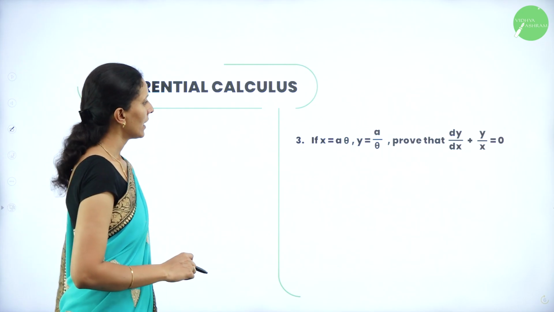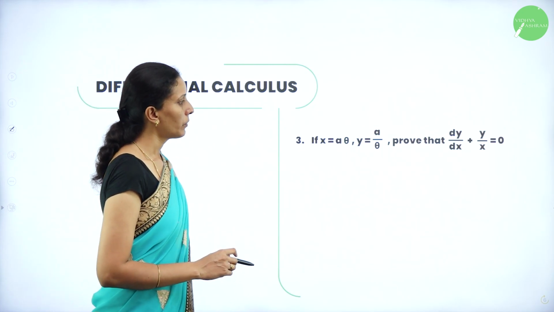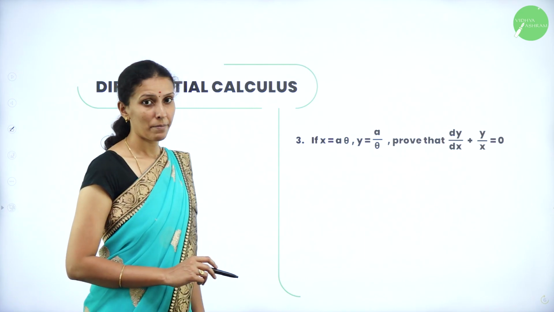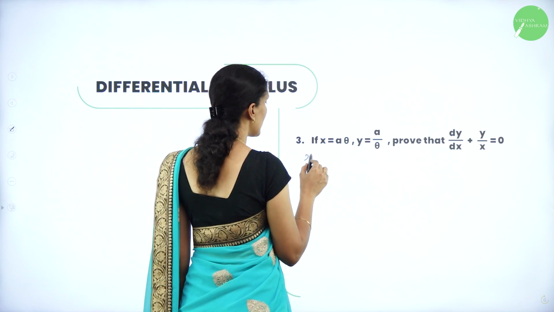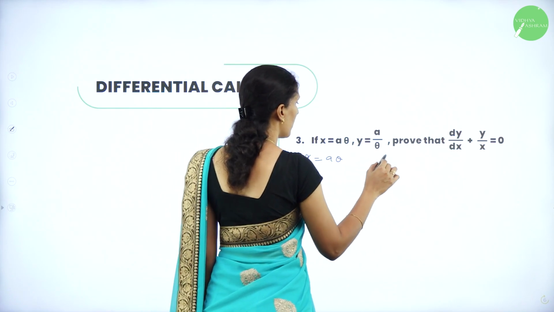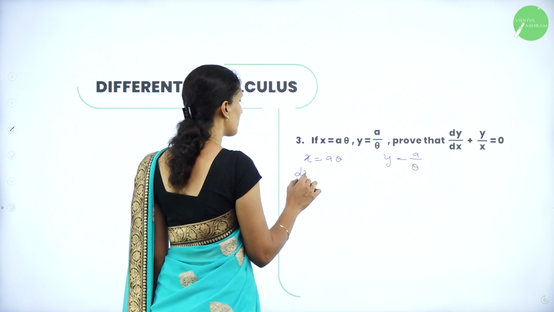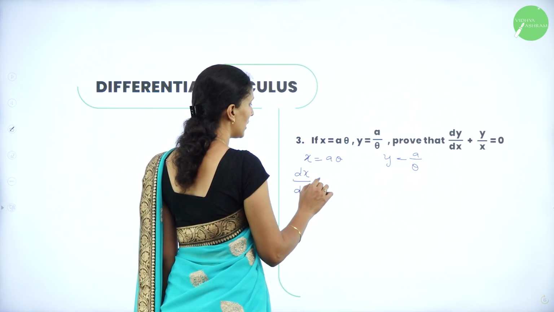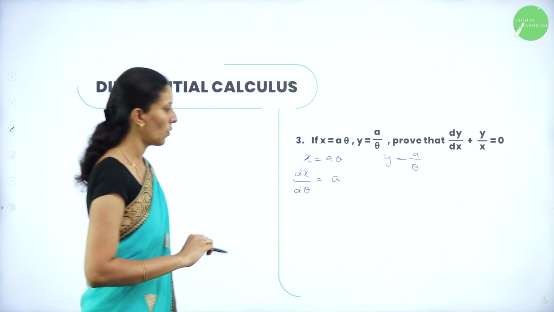Next we have x is equal to a theta, y is equal to a by theta. Prove that dy by dx plus y by x is equal to 0. Let's see now, x is equal to a theta, y is equal to a by theta. Now what is dx by d theta? a is constant, theta with respect to theta is 1.